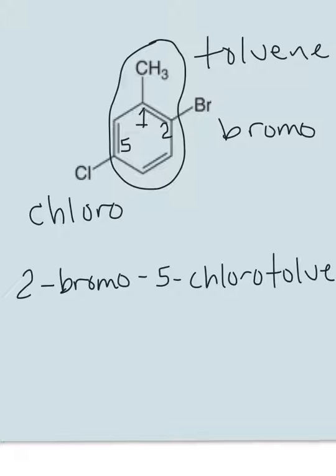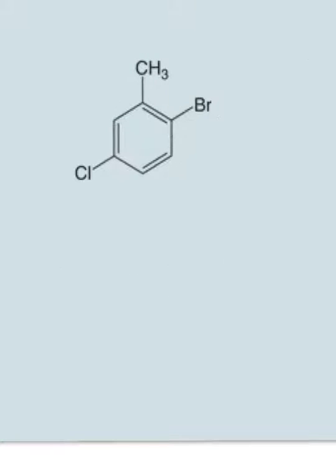Now, alternatively, if you wanted to, you could name this another way. So I'm going to erase this and I'll show that to you in a second. So the other way to name this is to just use benzene as the parent. And if you do that, I would use this numbering system. I would call the bromine carbon number 1, because you're going to name it first. It's right next to this methyl group, so that'll be at 2, and that puts the chlorine at carbon number 4.